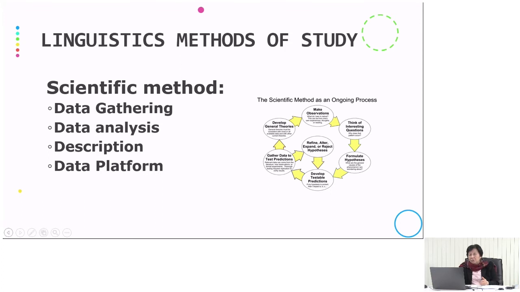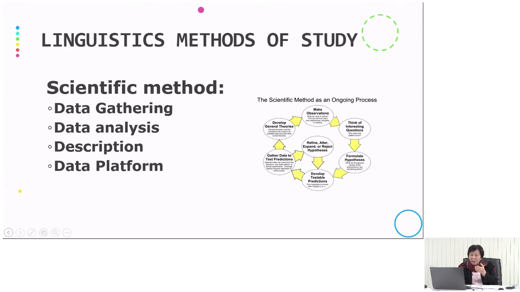If you would like to know about the quality, or the chemical quality, of that herb, what are you going to gather or collect? Of course, that herb, right? So that is what we call data gathering. And then after that, you have to run the process with maybe the chemical stuff, if you are dealing with chemistry.